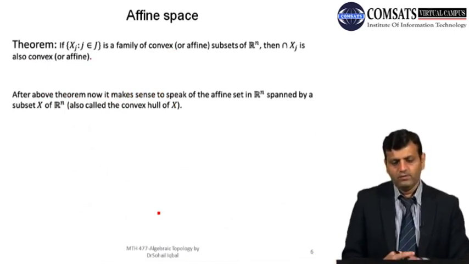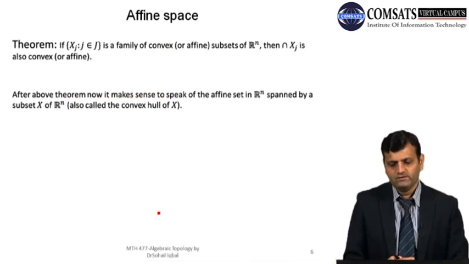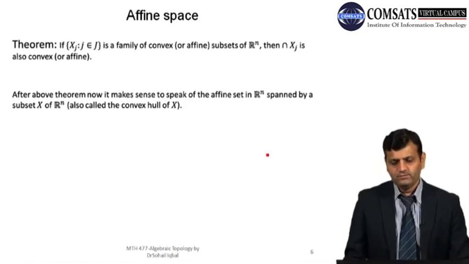After the above theorem, it now makes sense to speak of the affine sets or convex sets in Rn spanned by a subset X of Rn. If it is the convex set spanned by some subset, then it is called the convex hull of X. Okay, so why does it make sense?